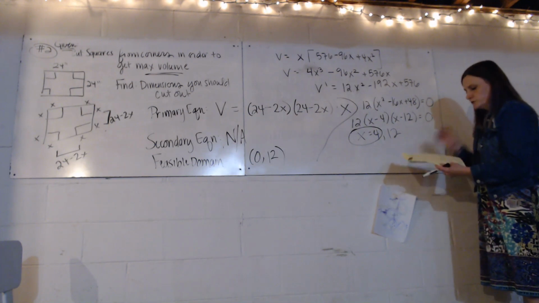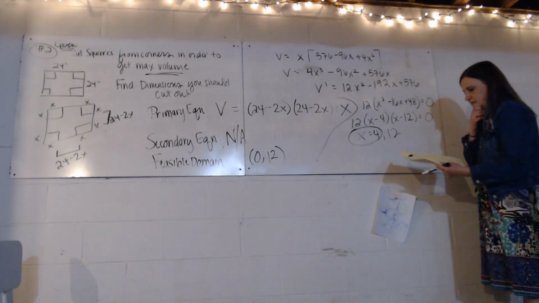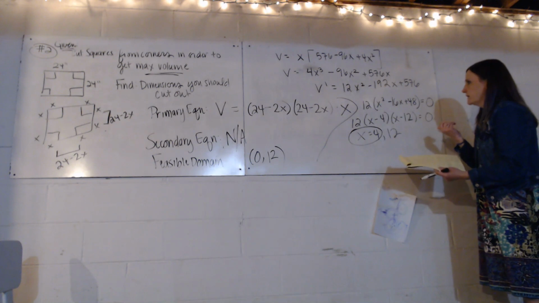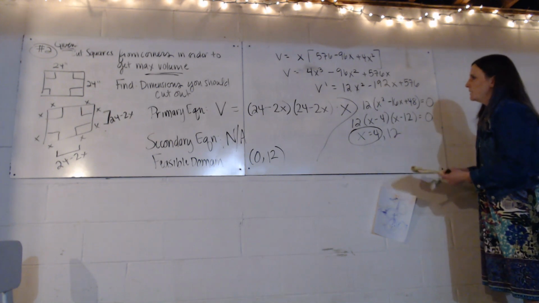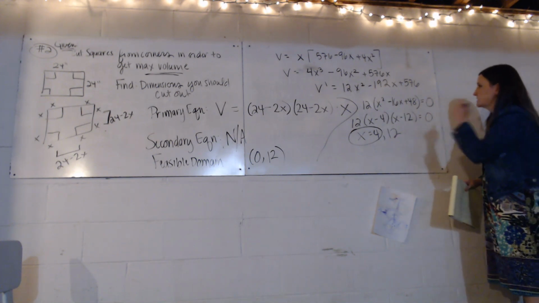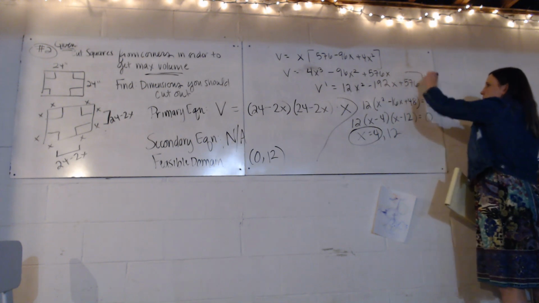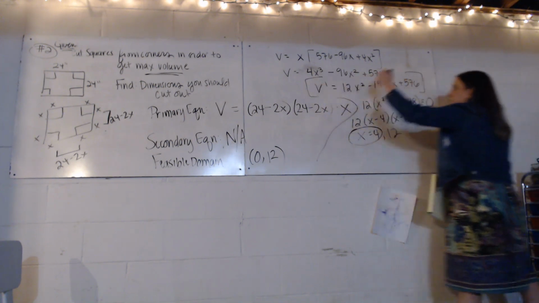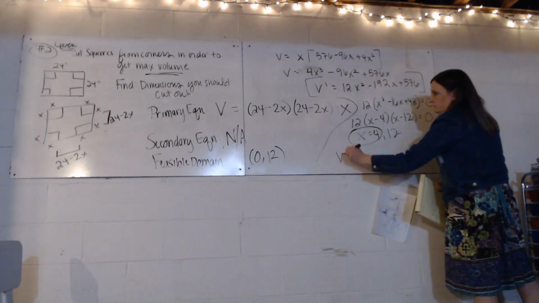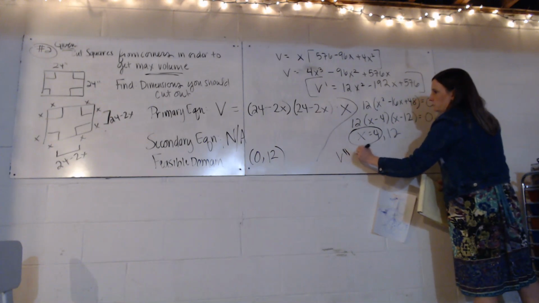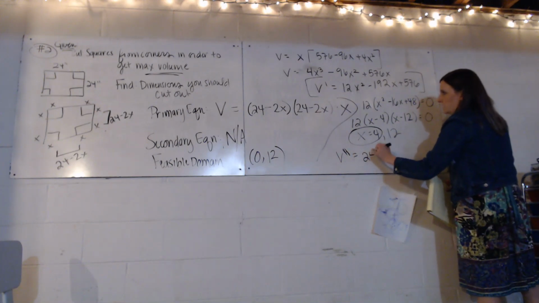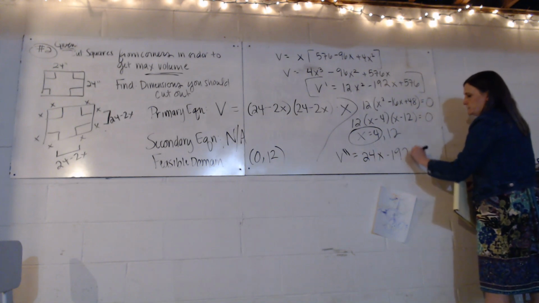And we can use the first or second derivative test to verify. I'll use the second derivative test. So the second derivative of this function, so here's my original function, right? The second derivative is equal to 24x minus 192.